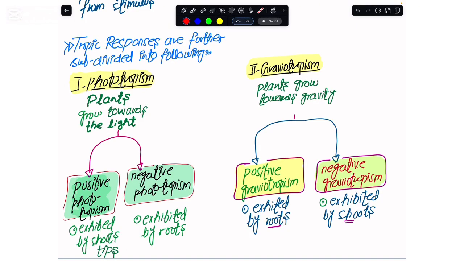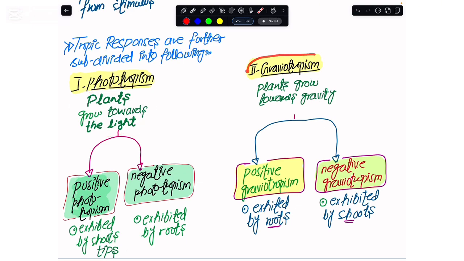By that, tropic responses split into two major categories. On one side we have phototropism, and on the other we have gravitropism. When we say phototropism, our idea is that plants grow toward the light.